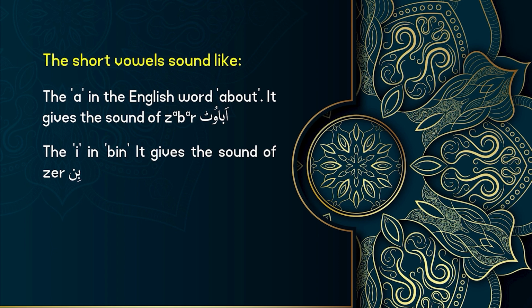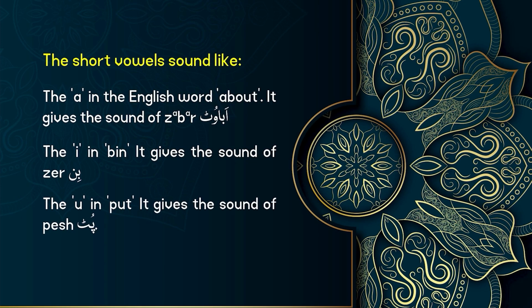In ba there is a diacritic mark, that is zer, यानी बा पे जेर है तो उसकी आवाज़ बनेगी बे, और इसके बाद जो लफ्ज़ है the word that comes after it is noon, that is sakin, that will sound like n, bin, because at noon we have to stop.